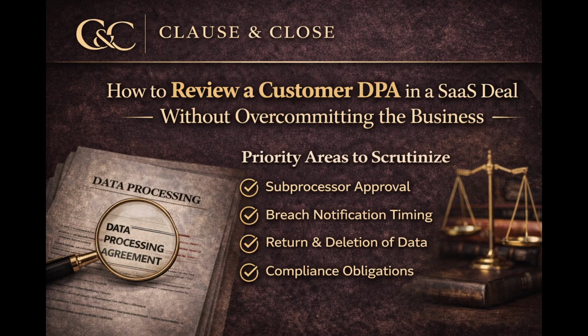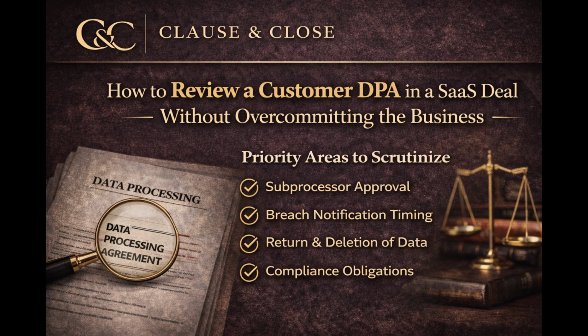Take audit rights. Preferred position: reports, certifications, and written responses. Acceptable fallback: limited audit rights on notice in exceptional cases with strict conditions. Escalation point: open on-site audit rights into shared infrastructure or unrestricted access to security environments.